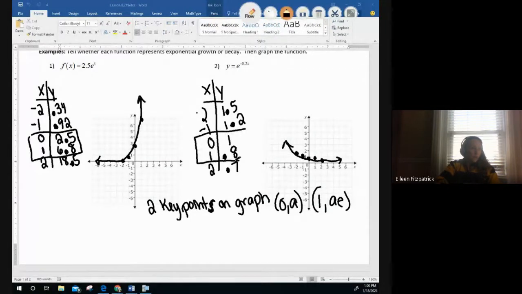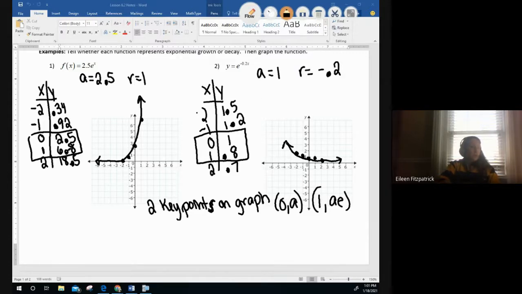So if you look, 0, comma the A value, and then 1, comma the AE value are both listed. Going back up here, A was 2.5 and R was 1 for this problem. A was 1 and R was negative 0.2.